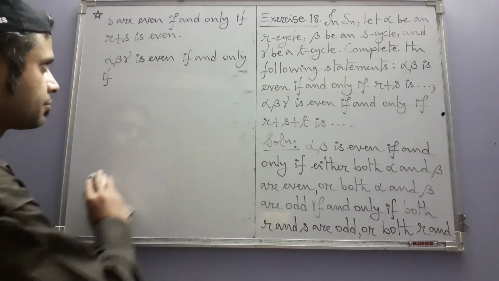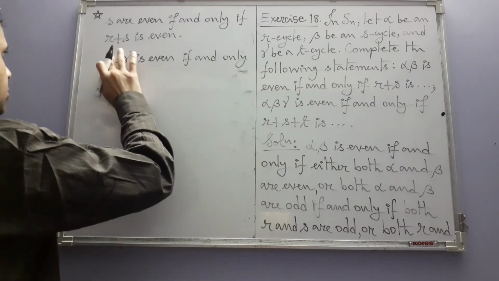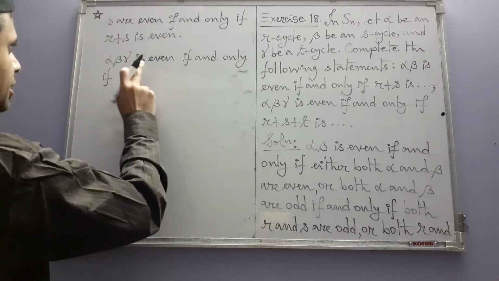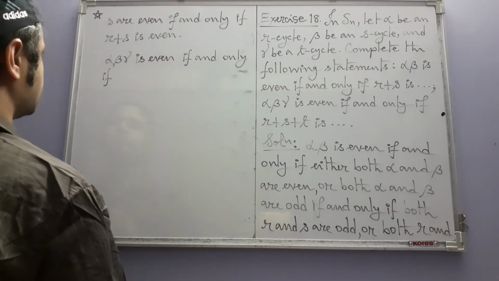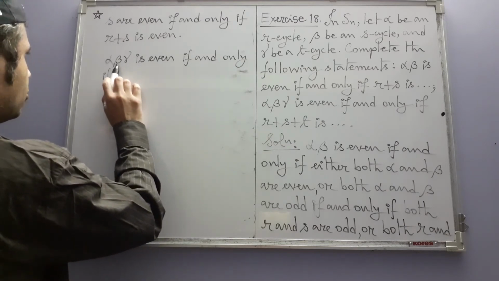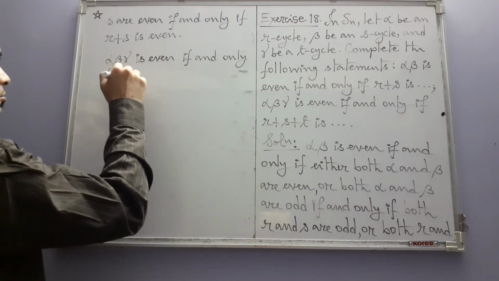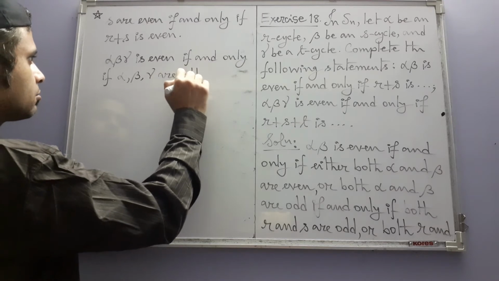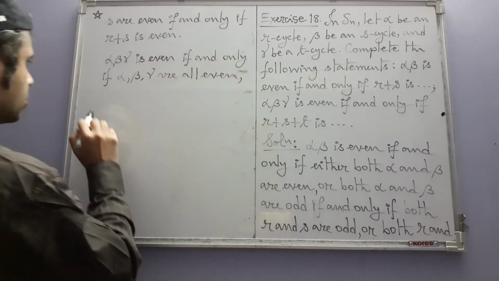Anyway, I thought we could save a little labor. But anyway, alpha, beta, gamma is even if and only if we have to carefully see what the cases are. All of them are even.